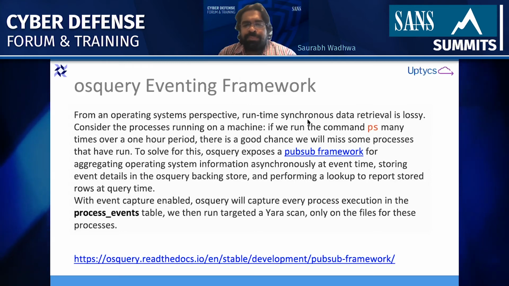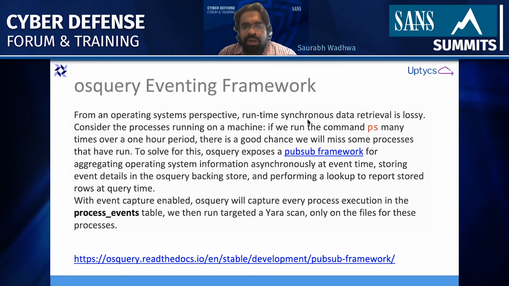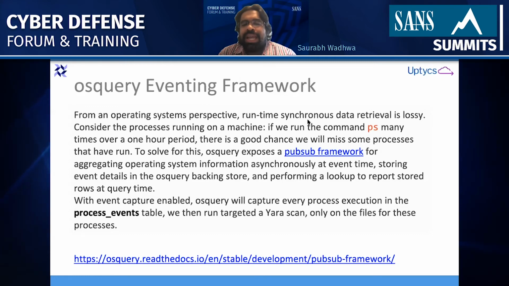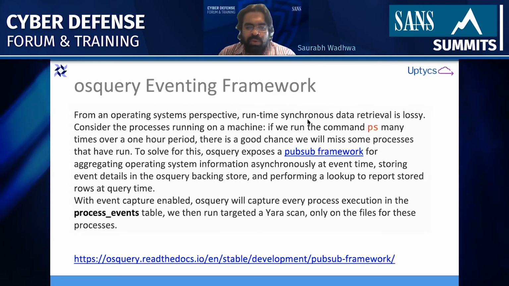To solve this problem, OSQuery exposes a pub/sub framework. What it does is it aggregates the operating system information asynchronously at event time. Once the event happens, it gets stored in the OSQuery backing store. The table it gets stored into is the process events table, right?